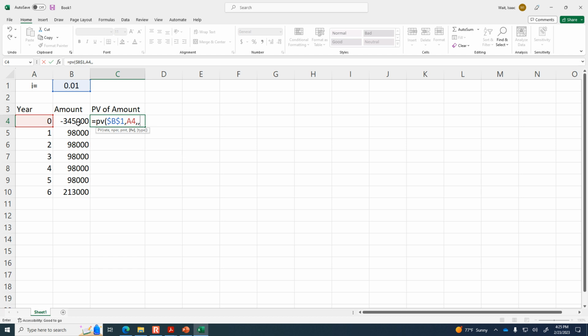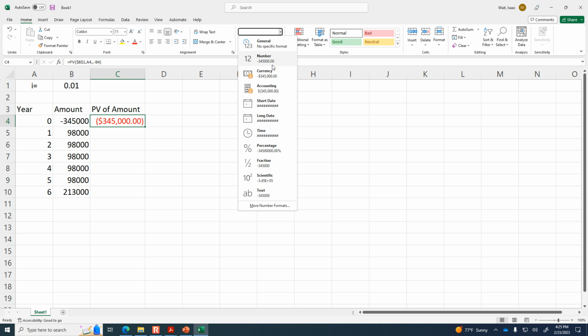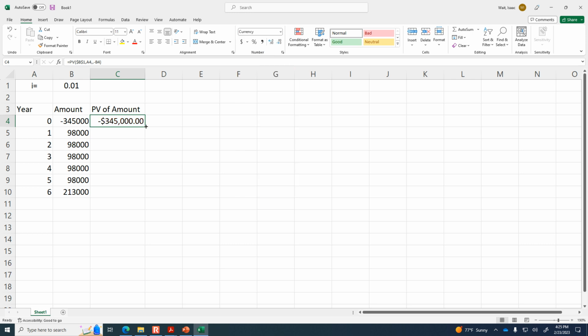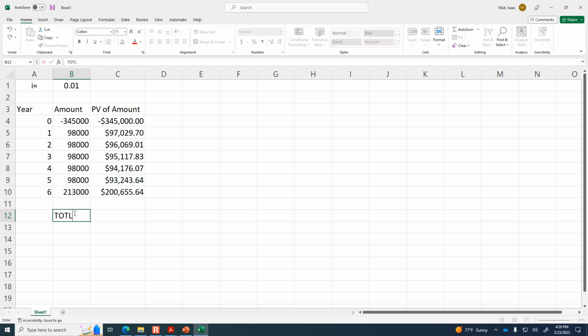We want the amount that we put in to go into the field where it is considering it as a future value. So minus of this amount, because each one of these rows represents just some isolated future value amount, which is being discounted to the present. So if I translate that to currency and drag it down, you'll find the present value, and then we want to have the total. So it'll be the sum of all of these.